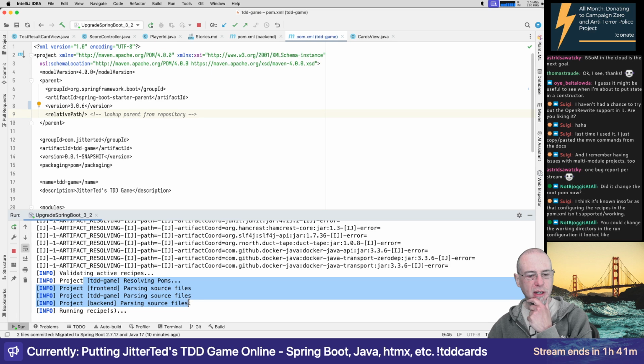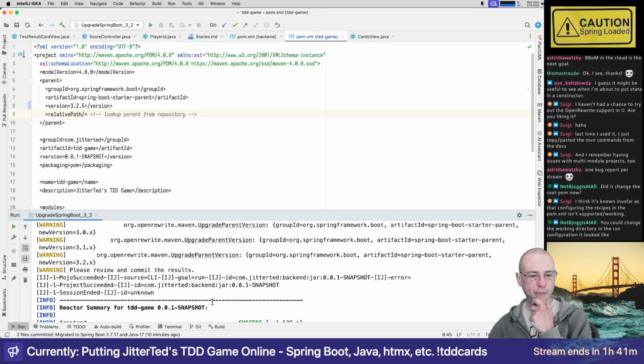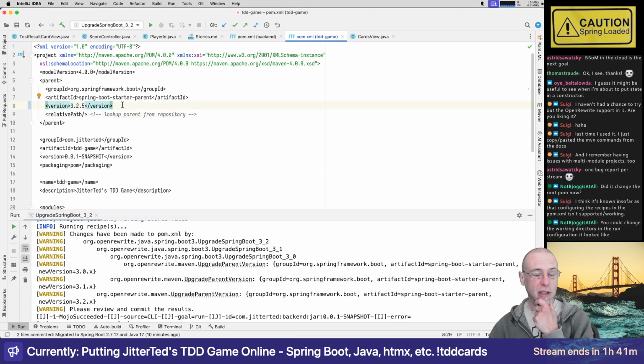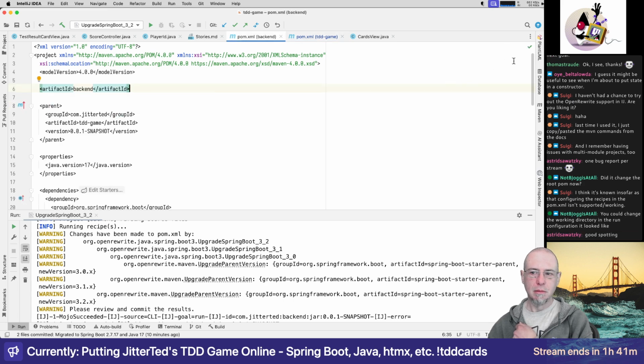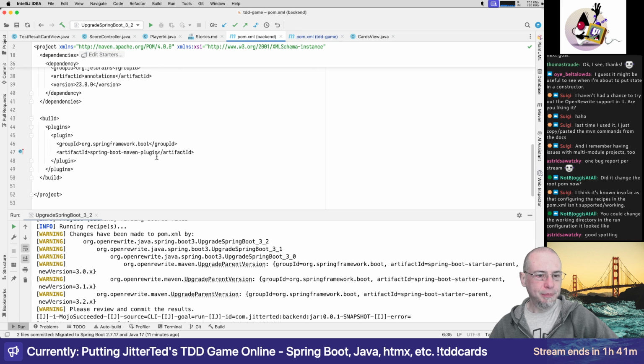So it is resolving all the POMs. It did upgrade the parent version. Interesting. So it didn't pop up the recipe runner up here in this POM file. It would only pop up here. I don't know why. But that seemed to work. So thanks for the idea, Jonas. Yes, good spotting.